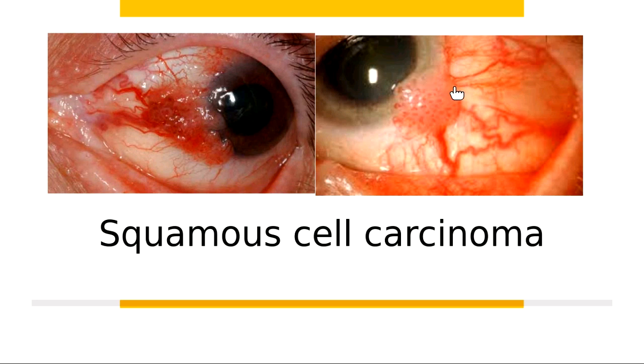Yes, you can say that. It is fairly well circumscribed. A well circumscribed mass with erythematous spots.